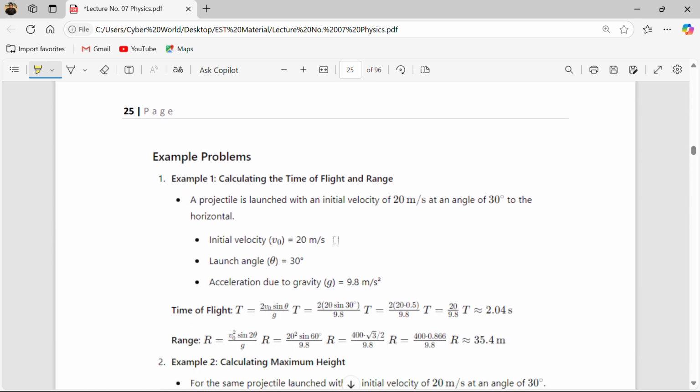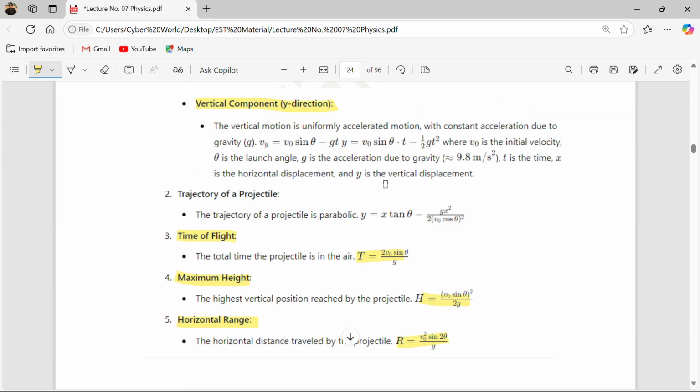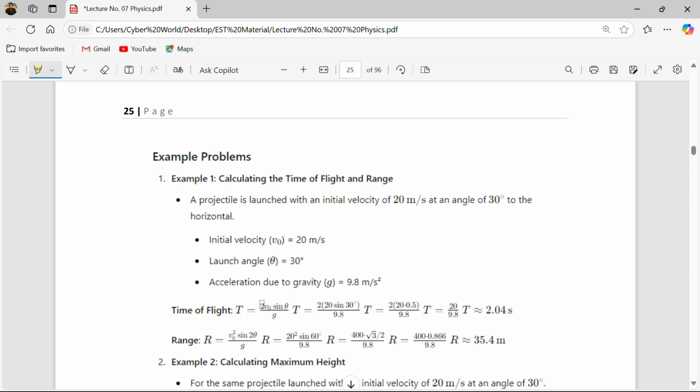Now the sample problems: you have to calculate the time of flight and range. So these are the formulas you have to use. A projectile is launched with an initial velocity of 20 meter per second. Now the initial velocity is given and the angle is also given.